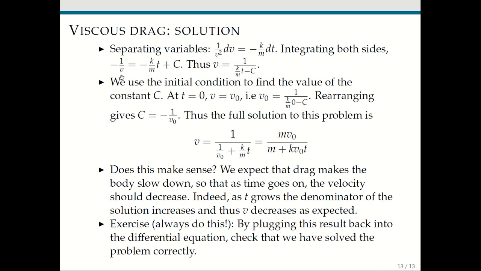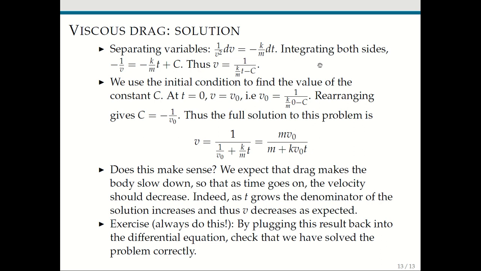This is nothing else than our usual rule for integrating x to the n for the case where n is equal to minus 2. On the right-hand side, we're again integrating a constant, so it's no surprise that we get that constant times time, and we must not forget our constant of integration. So we have this solution for v here.